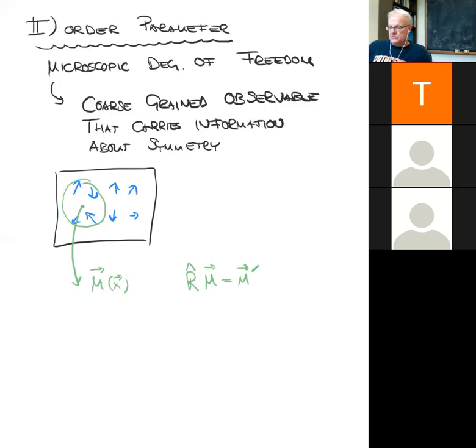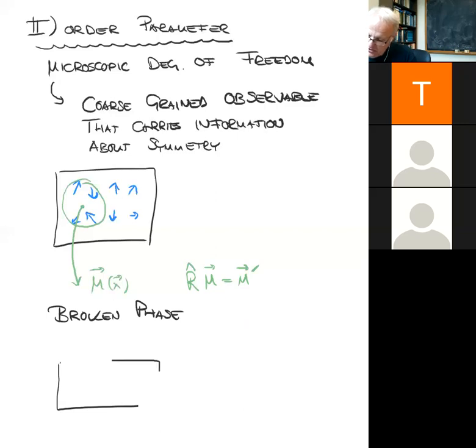And so what is interesting about these order parameter fields is the following. Well, there are many interesting things, but let's now imagine we do this in the symmetry broken phase. Then you have some system in real space. This could be a two-dimensional system or a three-dimensional system.